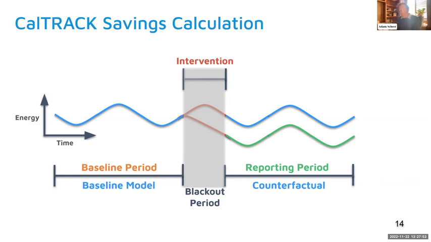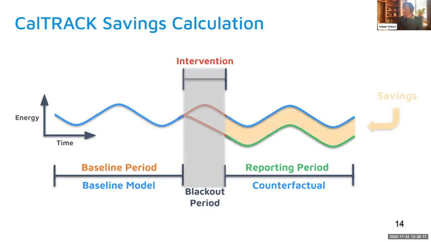And the way this is done, if you think about the daily model, the temperature is the variable in the daily model. So you take the temperature data of the reporting period and you plug it into the baseline model parameters, and that gives you a prediction of what energy would have been consumed in the absence of the program. And that is called the counterfactual.